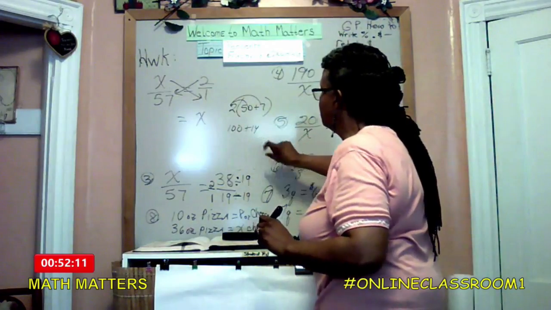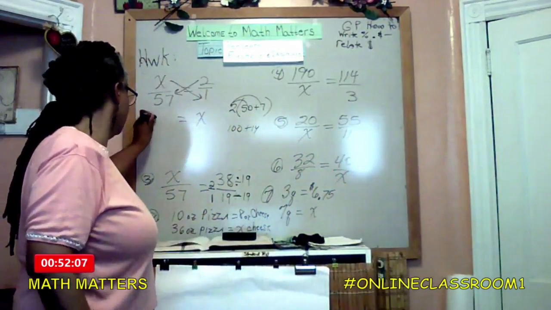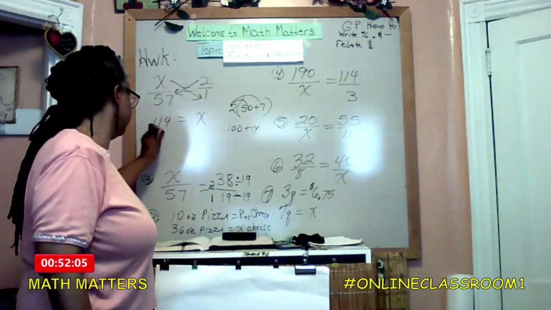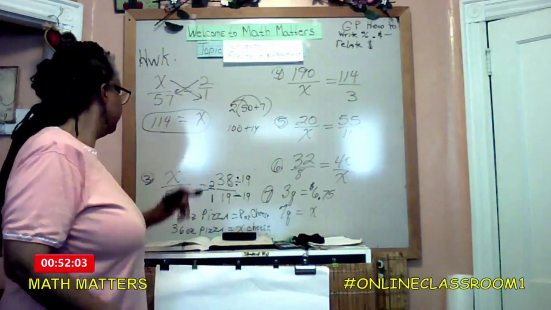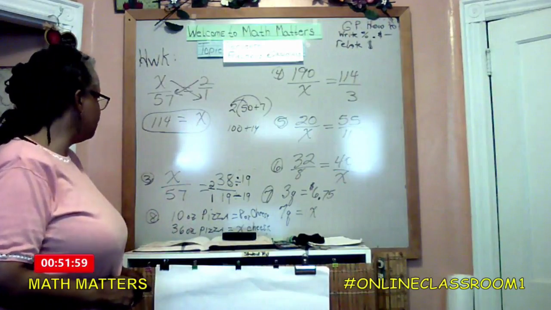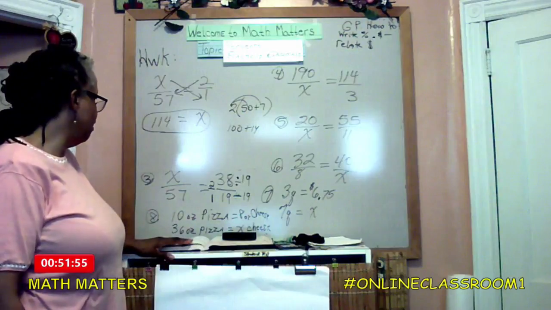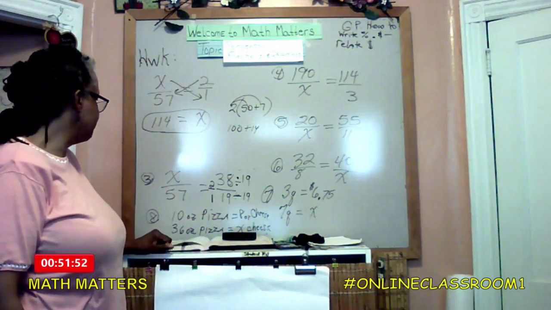So we have here x is equal to 114. Did you get that for number 3? If you did, you're on the ball. Okay?